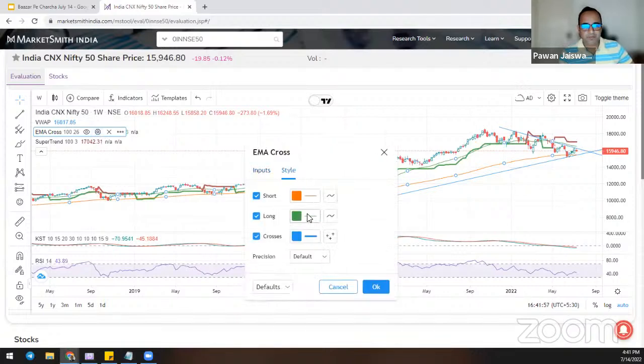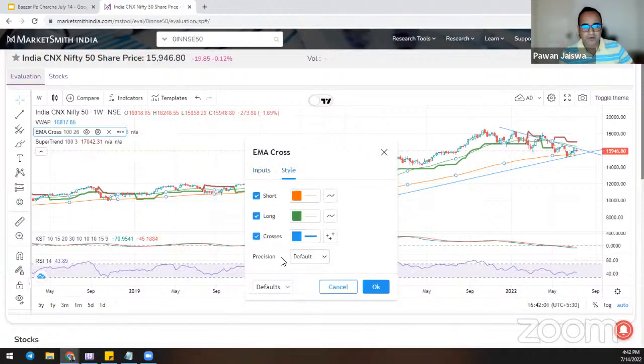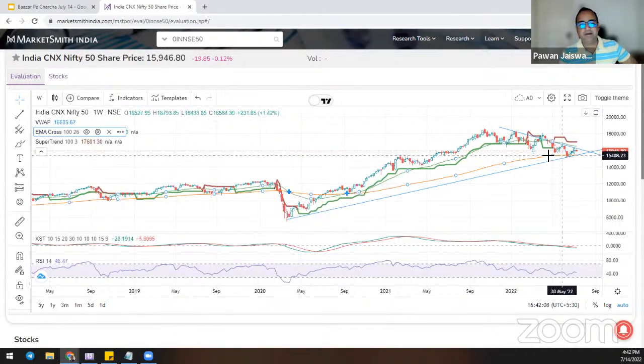Let me make it thicker so that it is more comfortable. This yellow line is the 100-week exponential moving average, currently placed around 15,200, and from that level the market bounced almost 1,000 points.